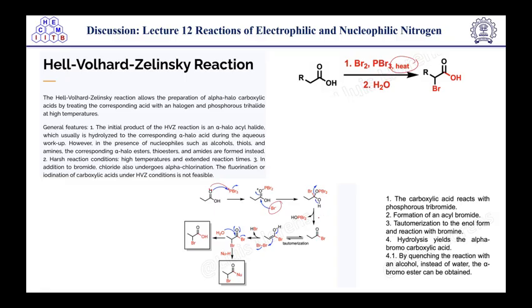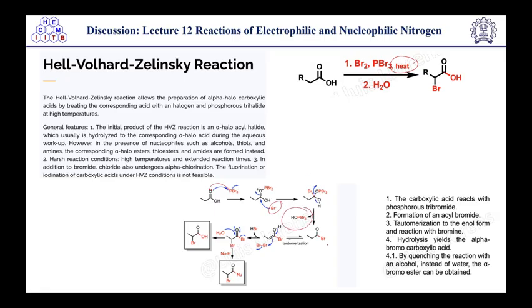Then tautomerization here. After getting this one, all of you understood till here? Bromine will attack over here and it will form this intermediate. After this, this lone pair of oxygen pushes here and this group, OPBr2, will knock out. So we will get this as a byproduct.